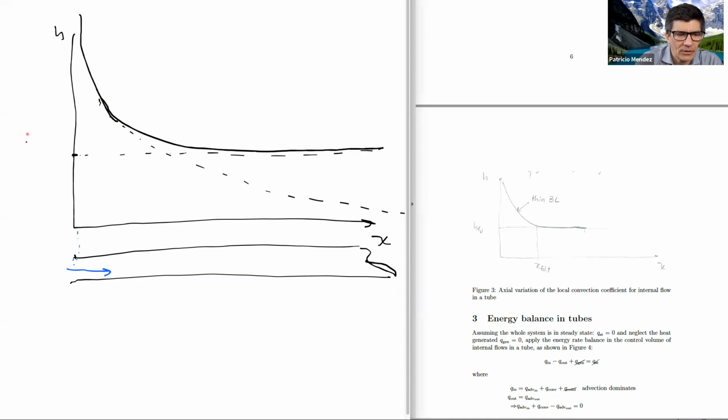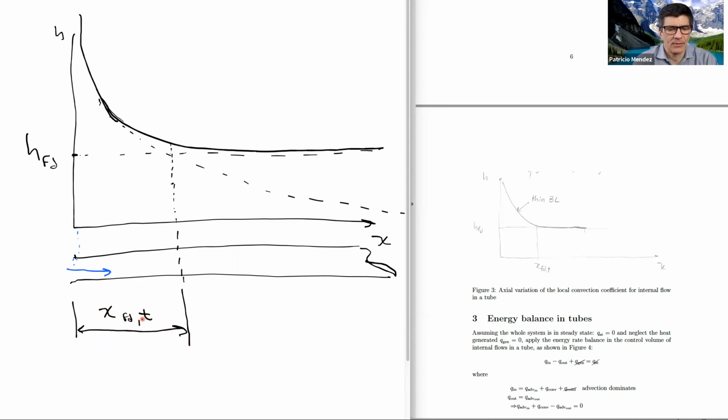And this is called the heat transfer convection coefficient for fully developed flow. And this value where the convection coefficient becomes asymptotic with the fully developed flow, this is our entry length, the thermal entry length, x fully developed thermal.